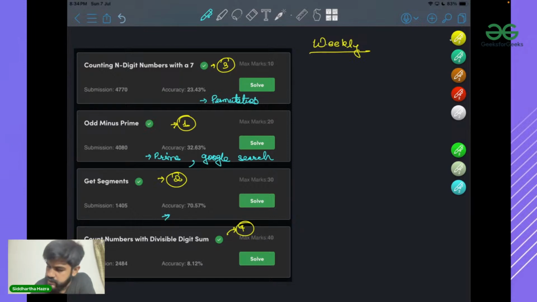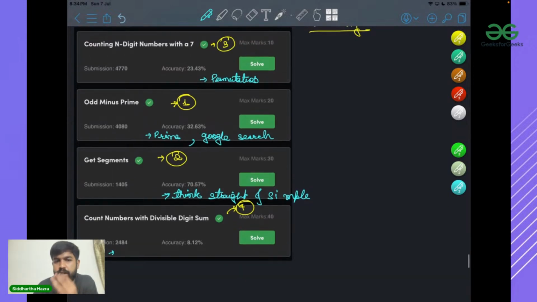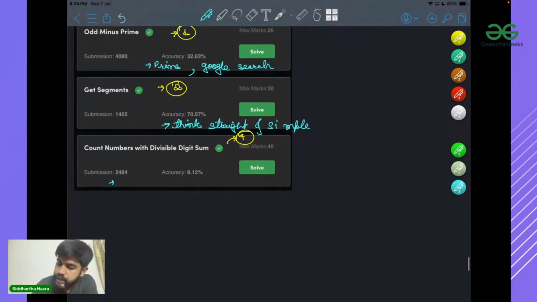Just think straight and simple. If you solved this problem using binary search, that is an overkill. You just need to think straight and move forward. Now the last problem is comparatively a very introductory problem of something known as digit DP.